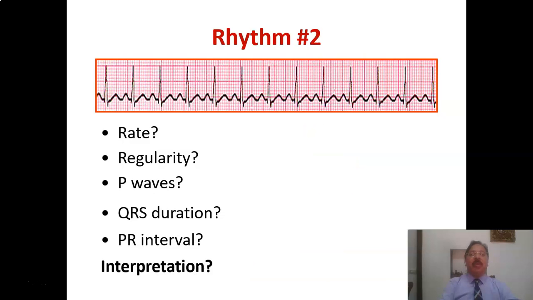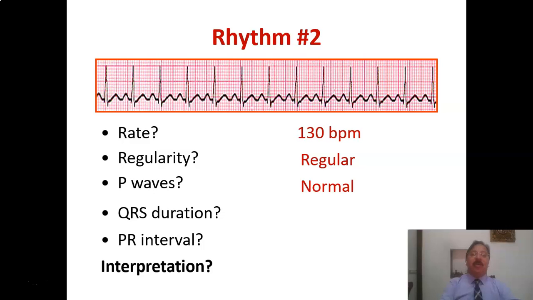Rhythm number 2, look at this rhythm strip and what's the rate? It's fast, 130 beats per minute approximately. Regularity, regular or irregular? Regular. Can you see P waves and their relationship with the QRS complex?